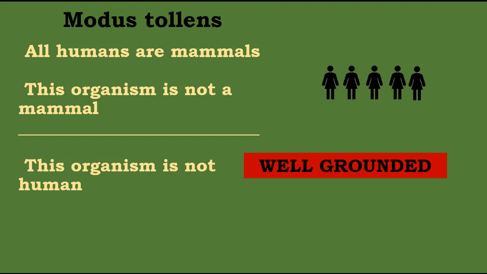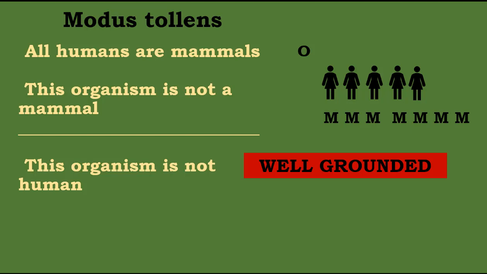Okay, so let's use the method I used before, which is using mental models. So all humans are mammals, same as before. This organism is not a mammal. So this organism has to be outside. It cannot be aligned with the M's. So it has to be there.